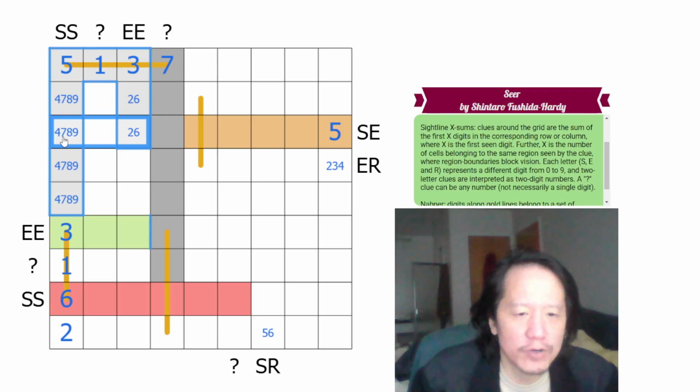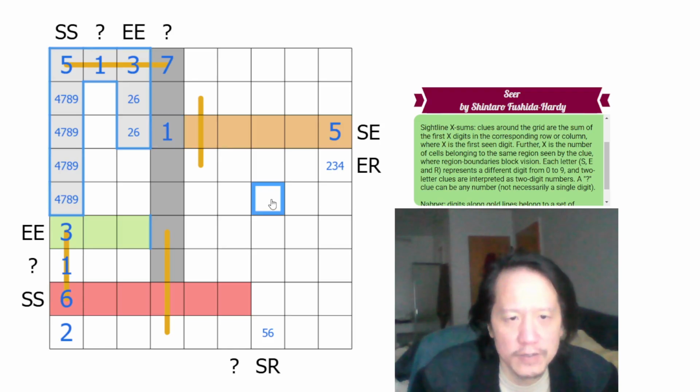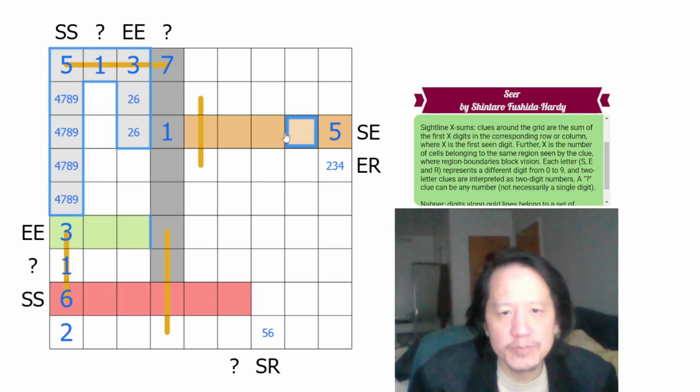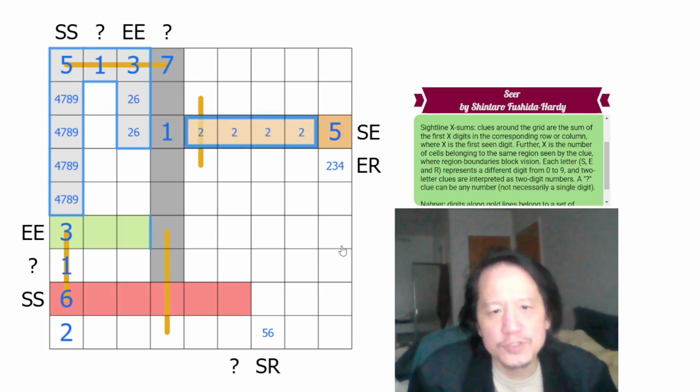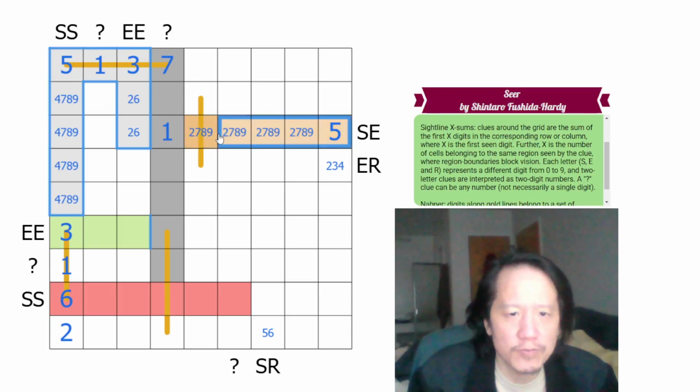This can't be 1 because this can't be 1. This sees the 1 from here. So where's the 1 in row 3? It has to be here. So this is definitely 1. This can be either 2789 to add up to 31 completely, which would make this 6, this 4, and this would then be 3.